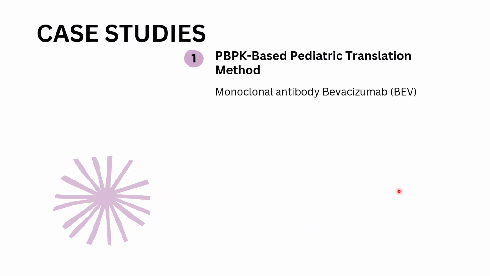Now, some real world examples that will illustrate the application of AI-based advanced pharmacokinetic models in drug development. First we will talk about physiologically based pharmacokinetics or PBPK translational method to better understand pediatric drug development with a case study of monoclonal antibody bevacizumab or BEV.